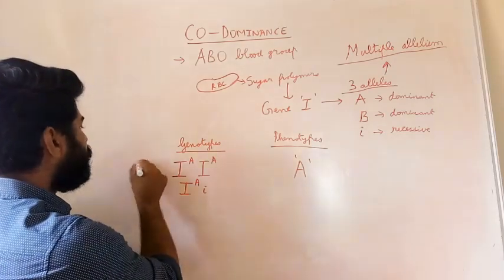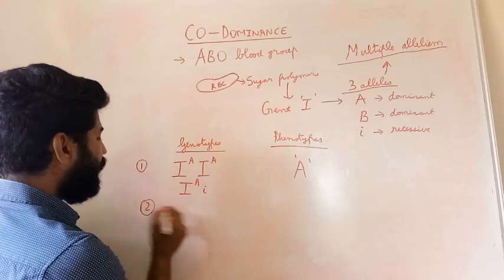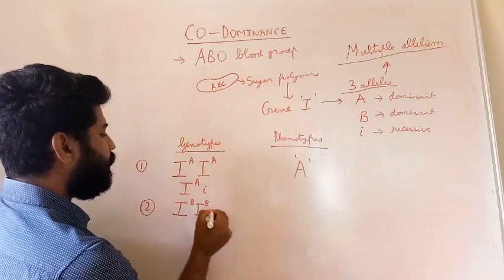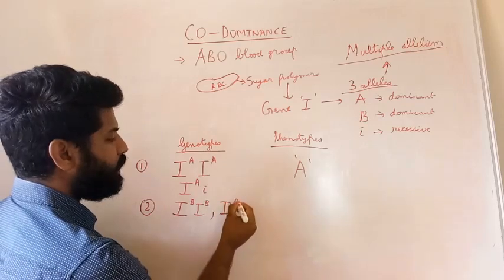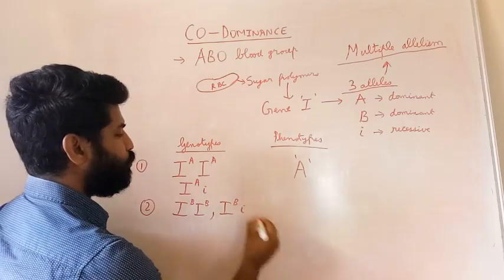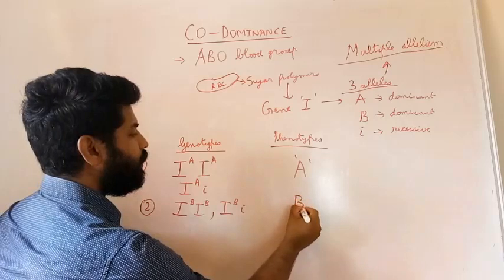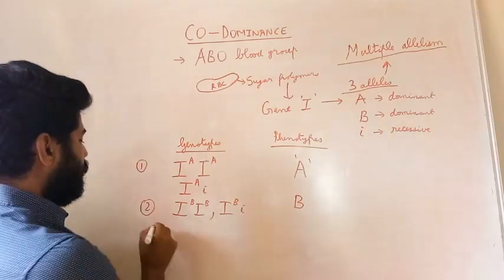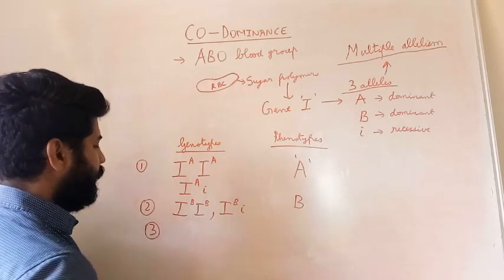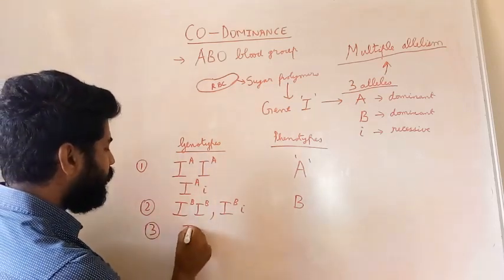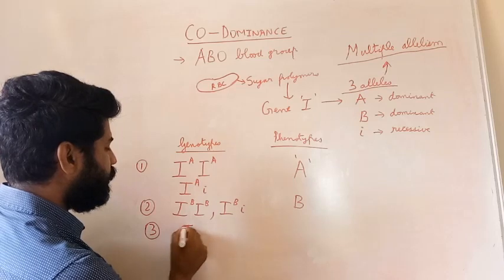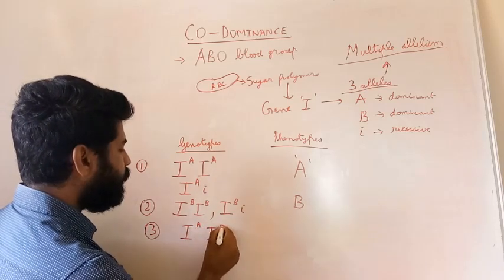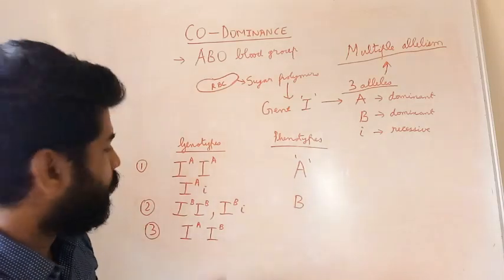If it is for blood group B, then you know it is IB IB, and another possible combination is IB into small i. This will result in the blood group B. And what if both the alleles are coming together, that is the A allele and the B allele?